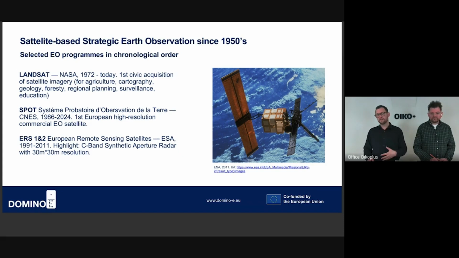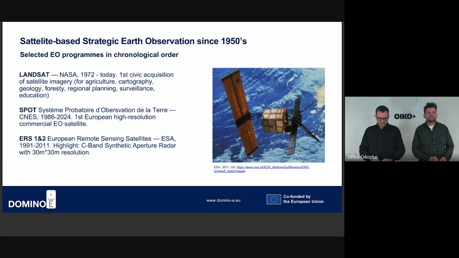It marked the beginning of the commercialization of Earth observation data, a trend that would explode decades later, but it's also a trend that we are, to some extent, building on in Domino-E.